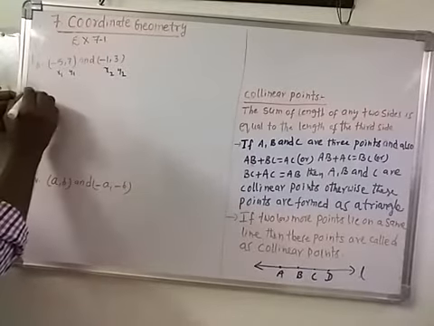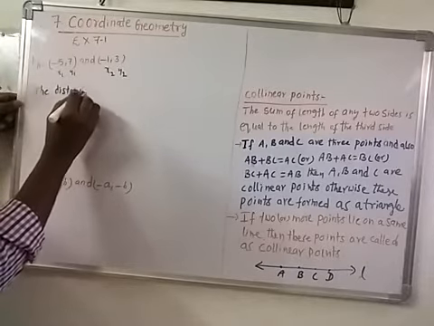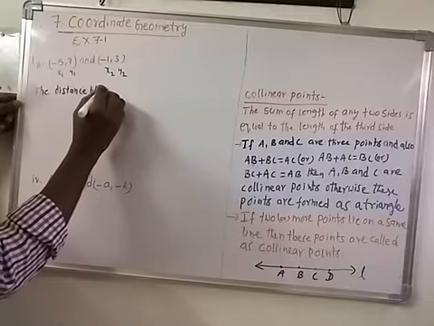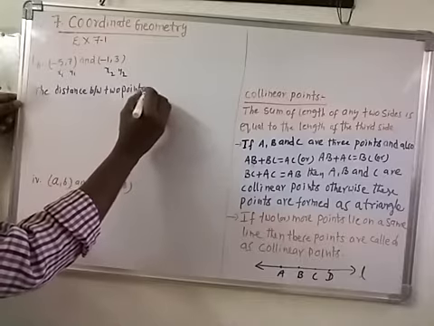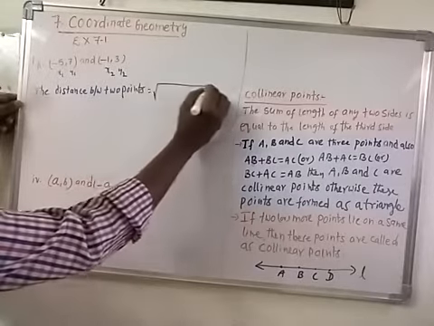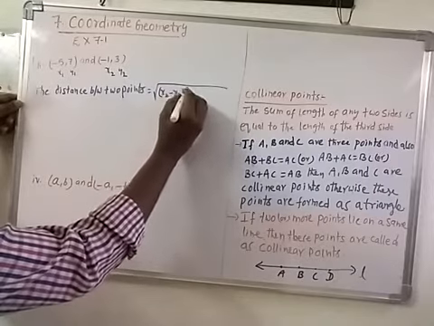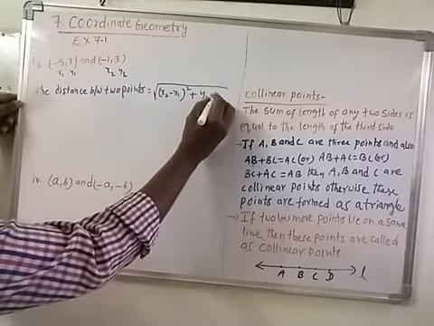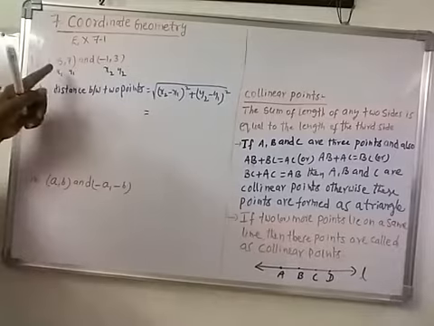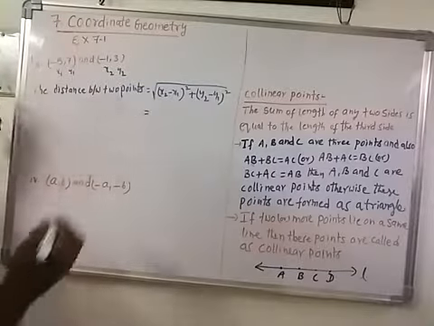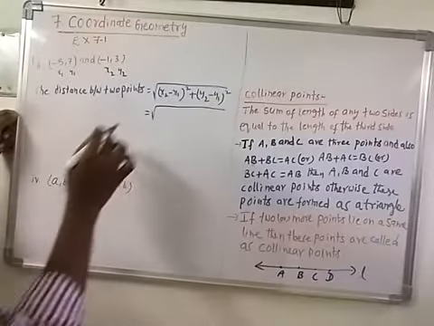We know the distance between two points is equal to the square root of (x2 minus x1) whole square plus (y2 minus y1) whole square. Now, what is the distance between (minus 5, 7) and (minus 1, 3)? So we substitute these in this formula.